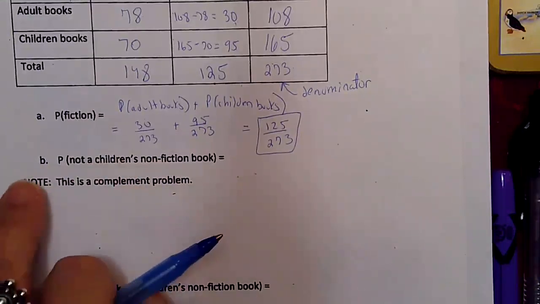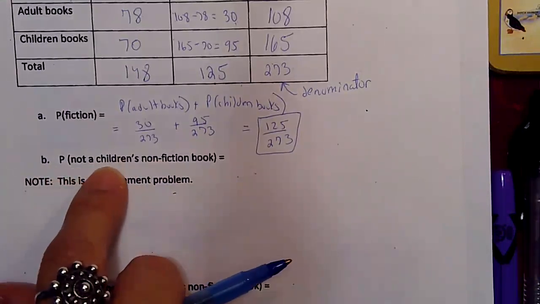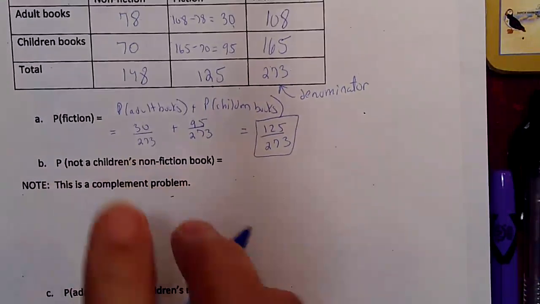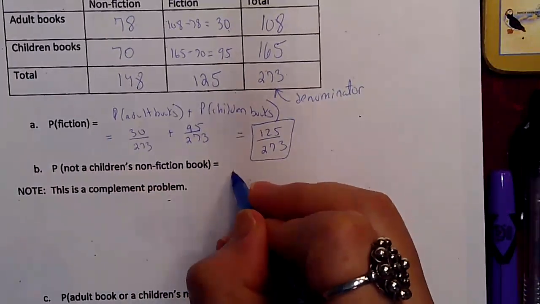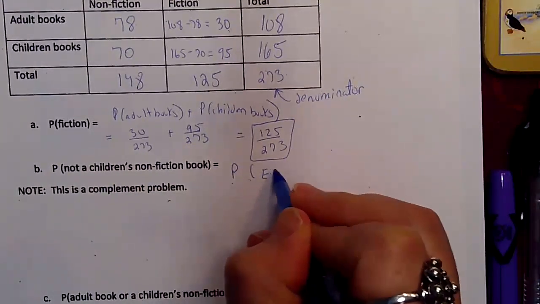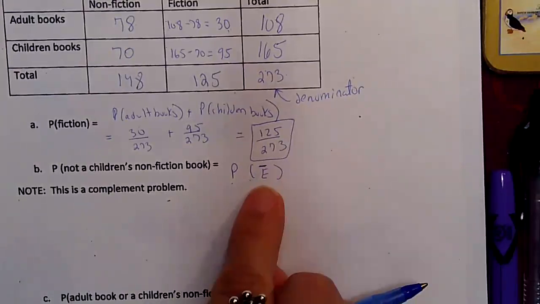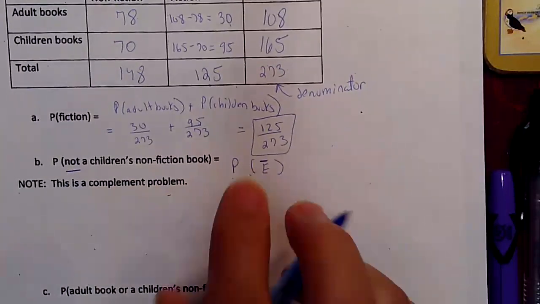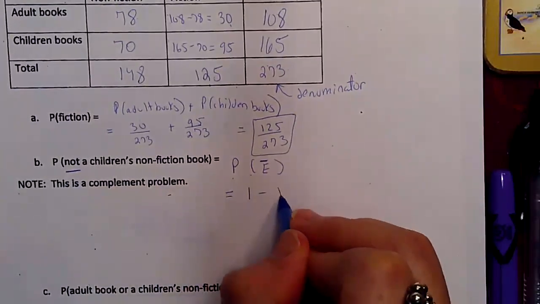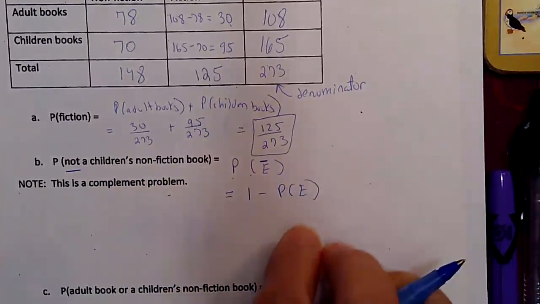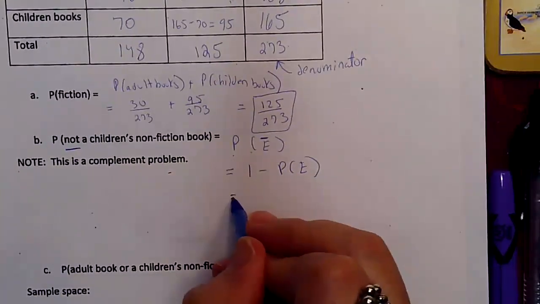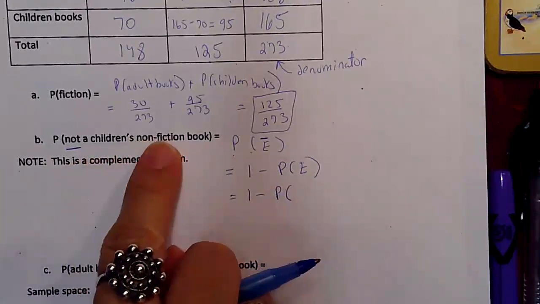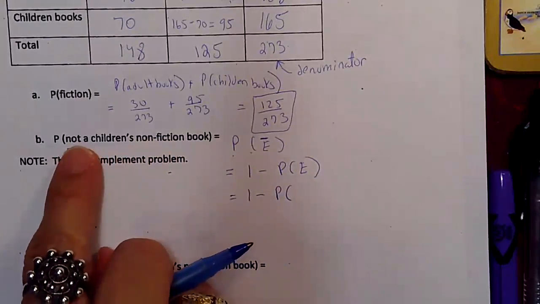Now this is interesting. This has a not, probably not a children's nonfiction book. This is a complement. So this we learned in 4.1, probability of E bar. See that? Because of the not. Remember that? Okay, then remember the definition? 1 minus probability of E. Remember that? So now this is 1 minus the probability. And then you rewrite this, but instead of saying that it's not, you say that it is.